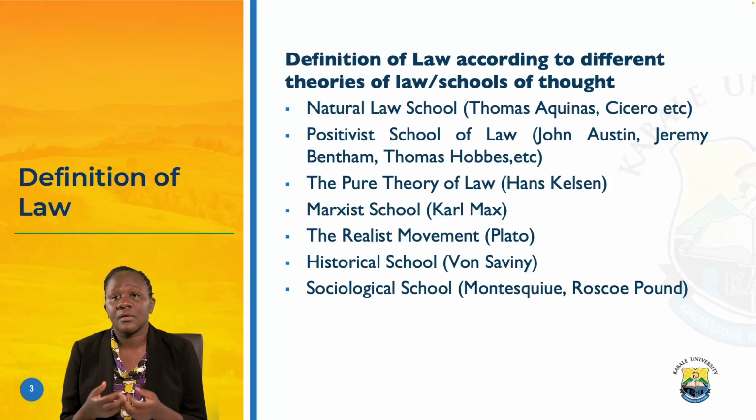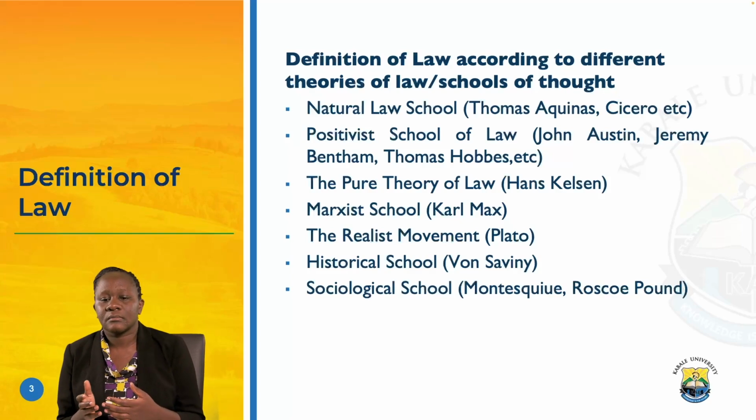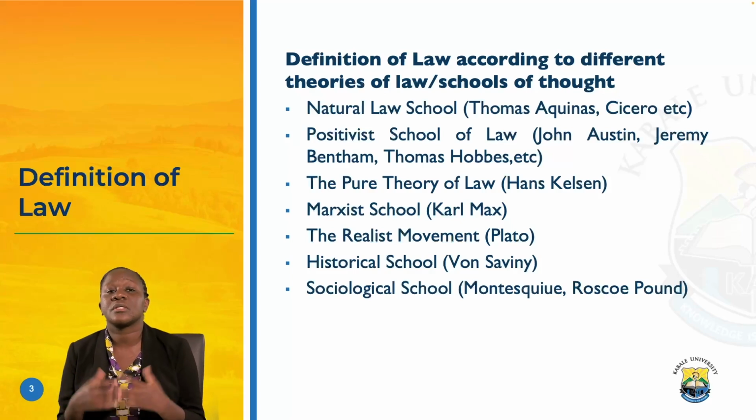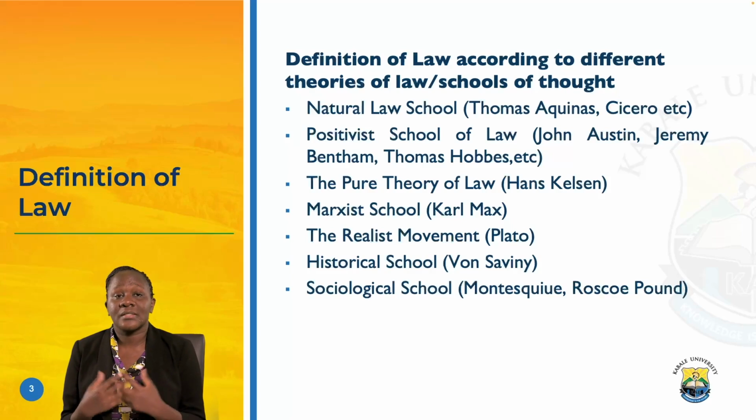And according to them, law is the natural order of things, that right and wrong are within a person, they are born with that person, and what is right and what is wrong according to nature is what is law.